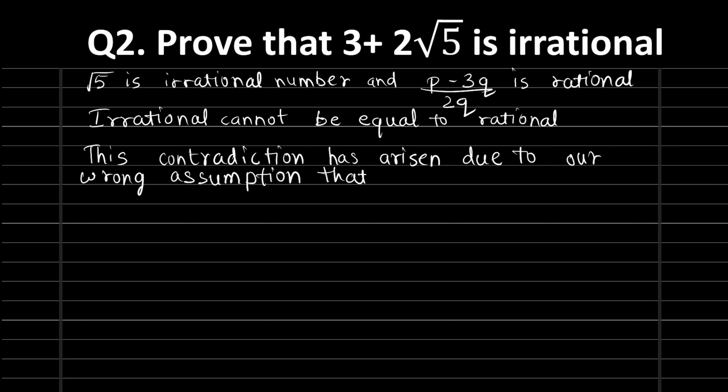So our wrong assumption was that 3 plus 2 root 5 is a rational number. Now, if this assumption is wrong, then what is the right thing? Definitely, it implies that the right thing would be that 3 plus 2 root 5 is an irrational number.